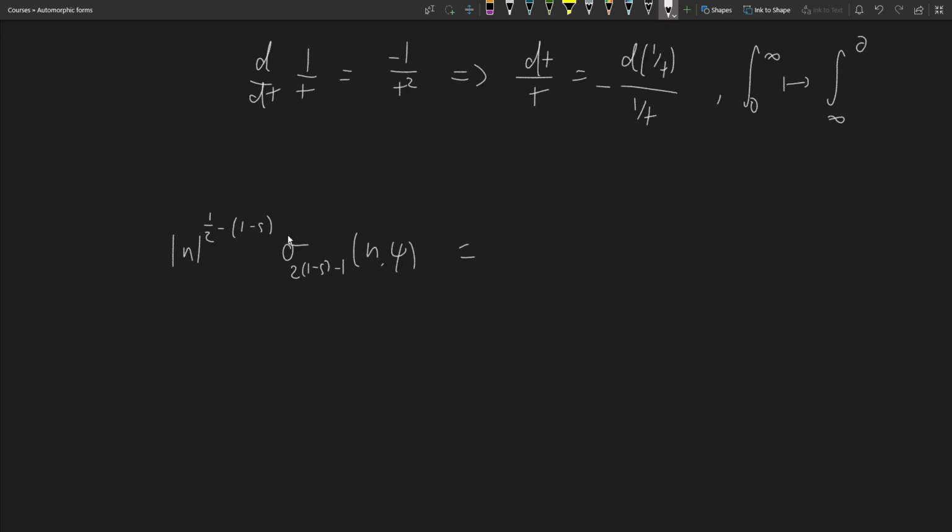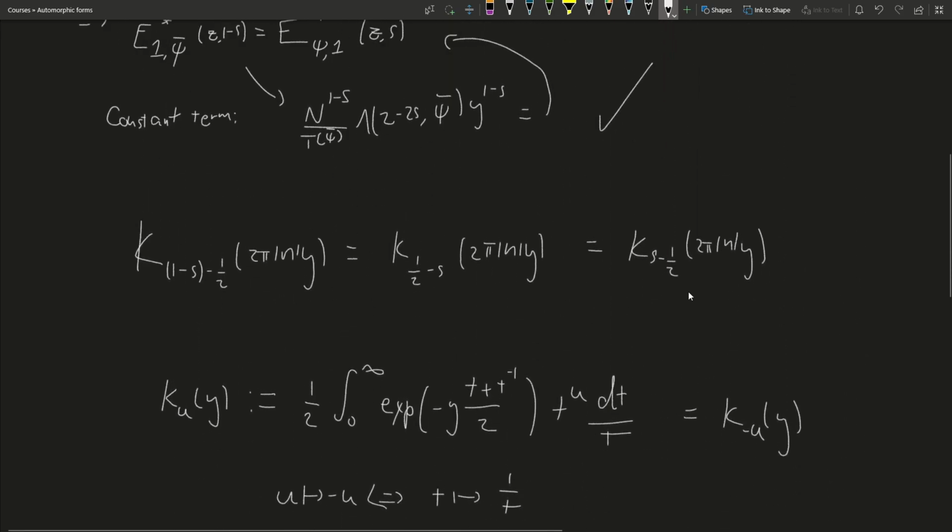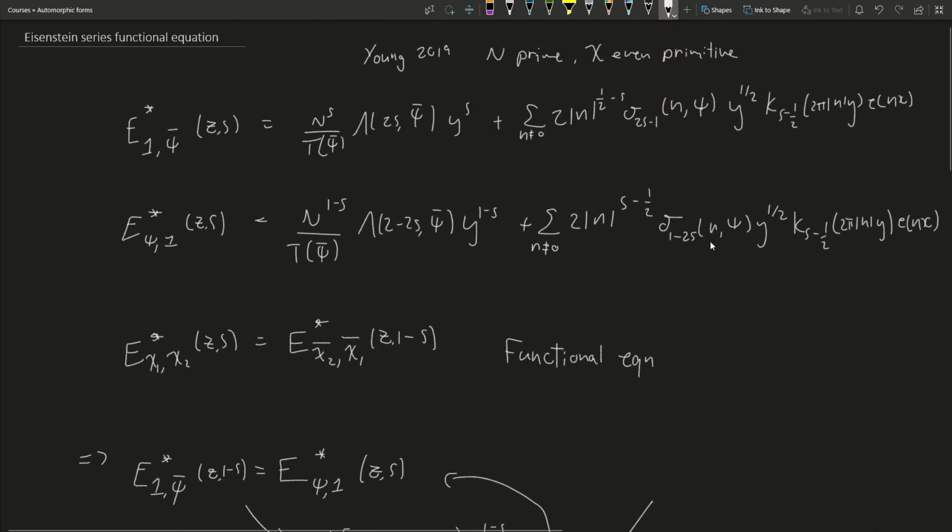So this is n to the s minus 1/2, sigma of 1 minus 2s, and psi, and that's exactly what the Fourier coefficient is here.